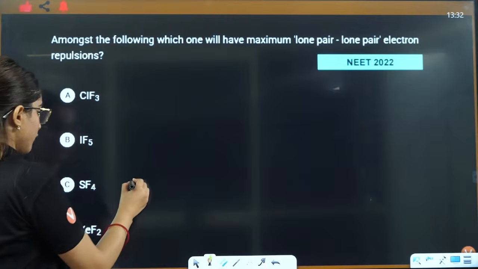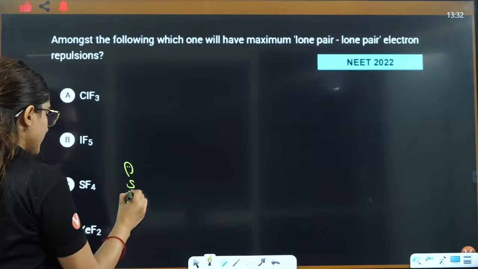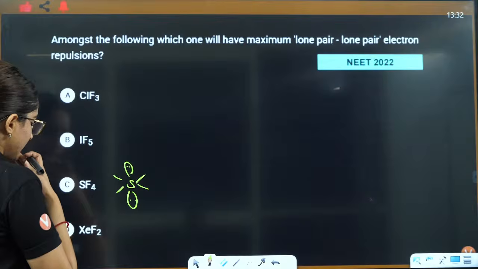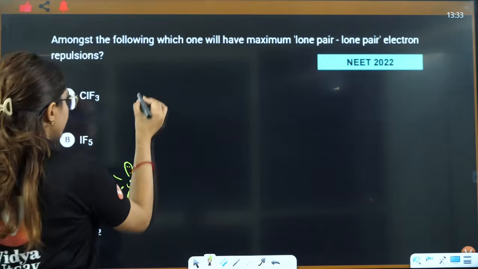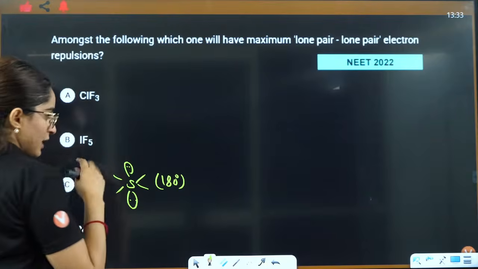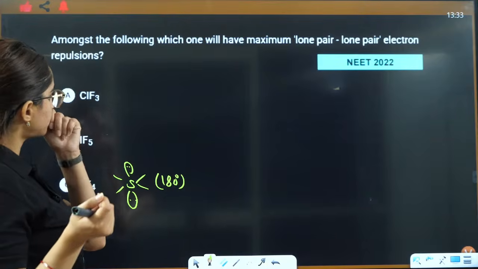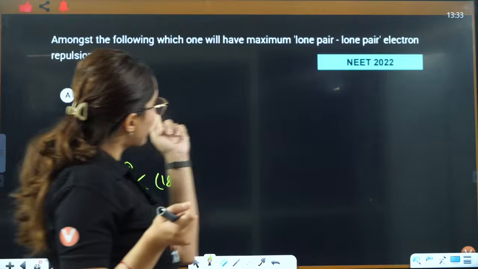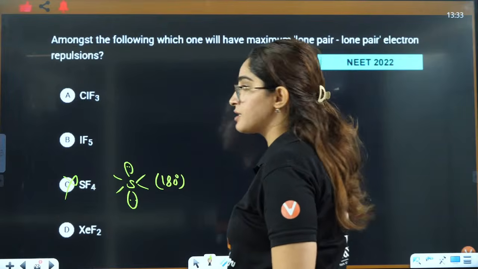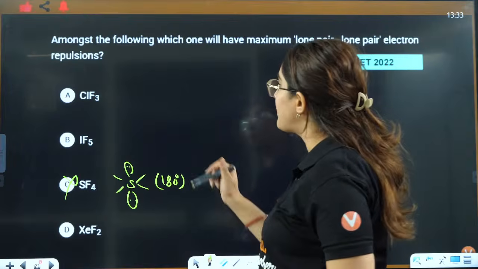In SF4, you will have this lone pair here and this lone pair here, at 180 degrees, so the repulsion will be less. We need maximum lone pair repulsion, so this cannot be the answer, because we need the minimum angle.